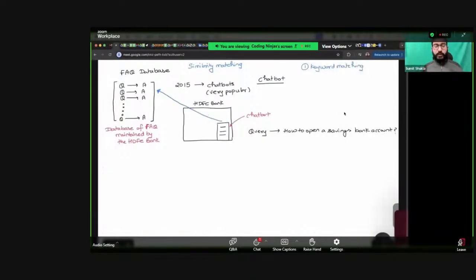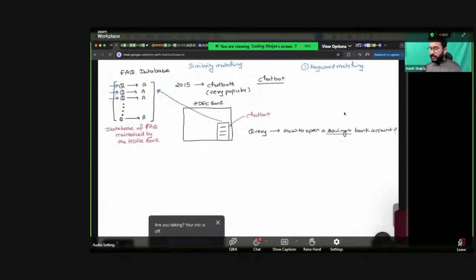In this process, we try to search for the words in the list of words. Let's say the word is savings; the chatbot will search for which question consists of the word savings. It will go through each question and answer set in the database and simply perform the keyword search. Is the savings keyword available in this question? Is it available in this question? And so on.